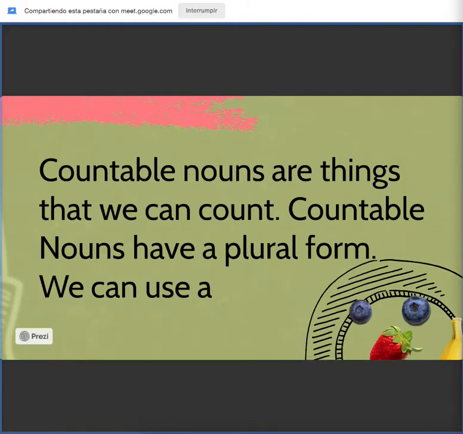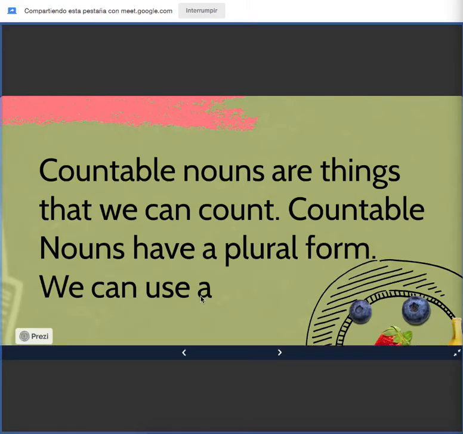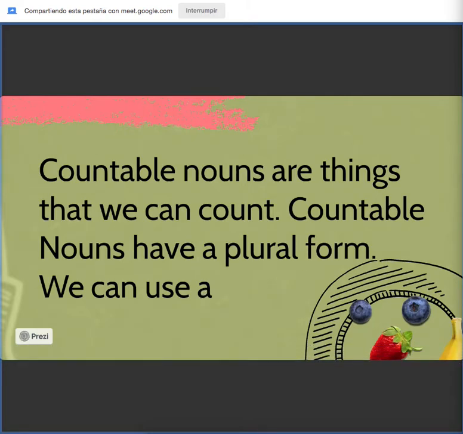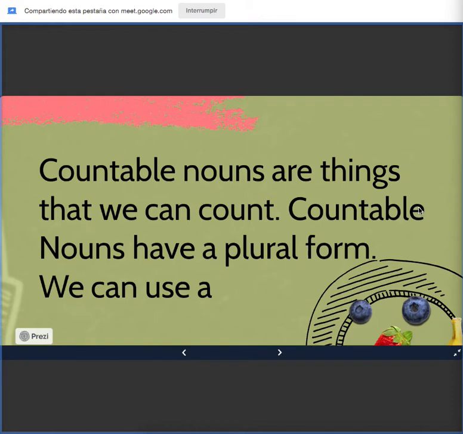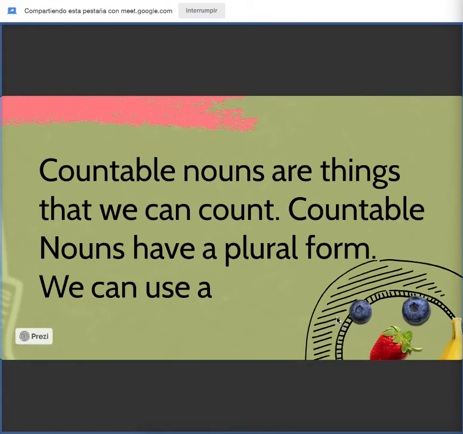Or if I say, for example, a number, a huge number of these. But it depends, a or an, because that depends on the first letter of the countable or uncountable noun.